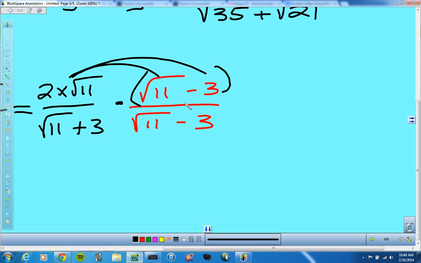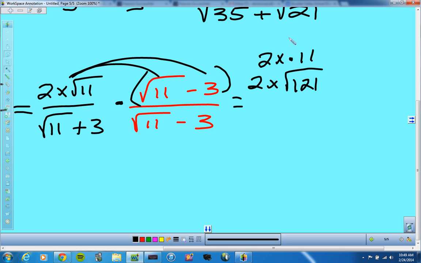So 2x times 11 is 22x. Okay, I'll show those steps. I just wanted to work you guys through that. That's good. So 2x square root 121, which is 2x times 11, which is 22x.